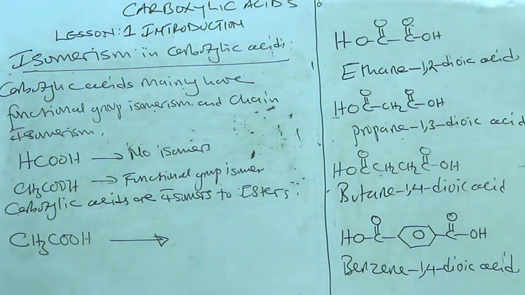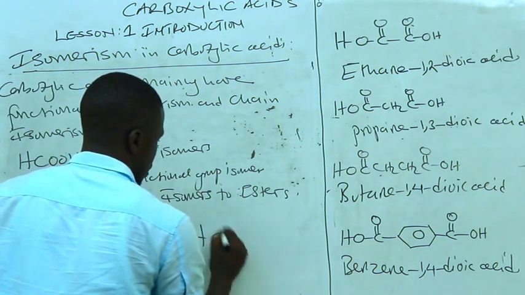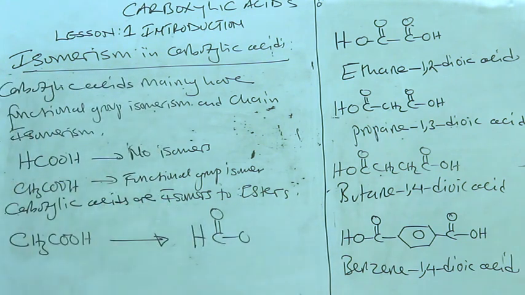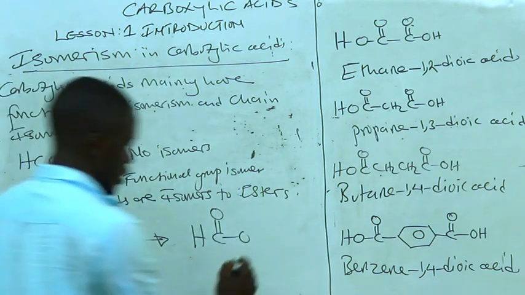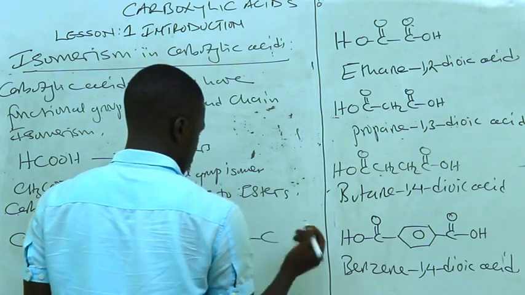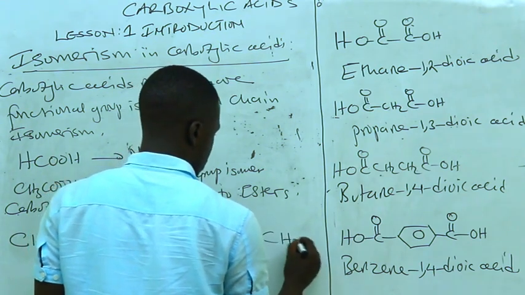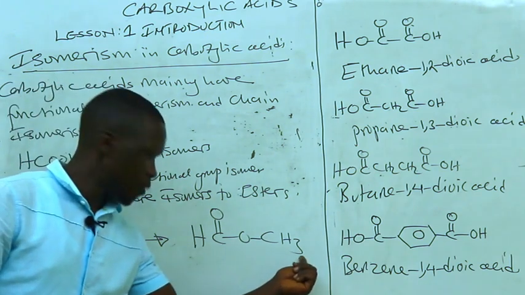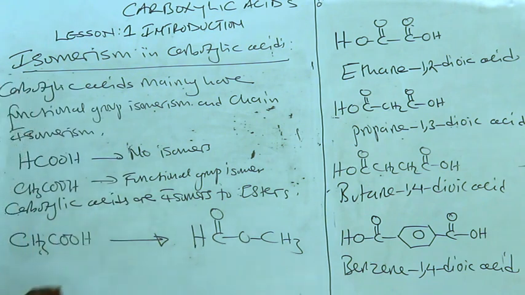An ester has the two oxygen atoms within the carbon chain. So if we wrote that, then we can have the CH3 there, such that we still have 4 hydrogen atoms, but this time the H is not on the oxygen.